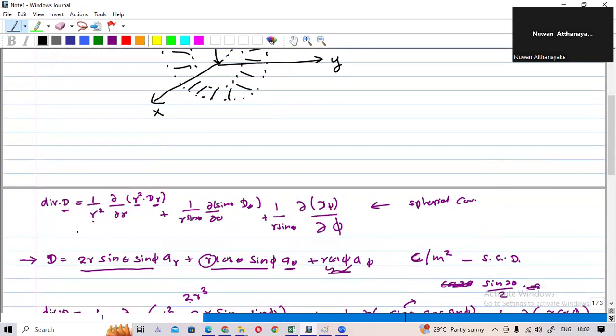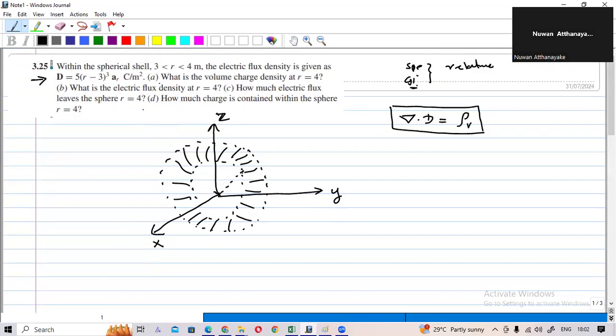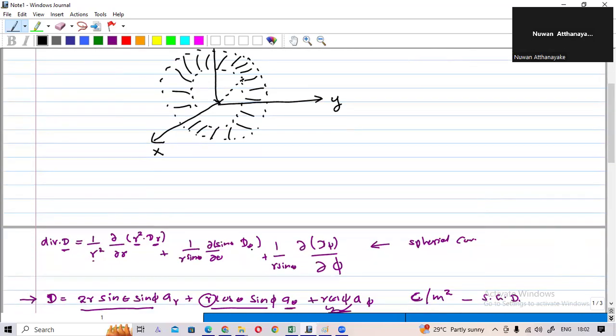Okay. So you can see that we have only a r. So the r direction vector is only there. No theta and phi direction vectors are there. So these theta and phi terms will be 0. We have to consider only this term.